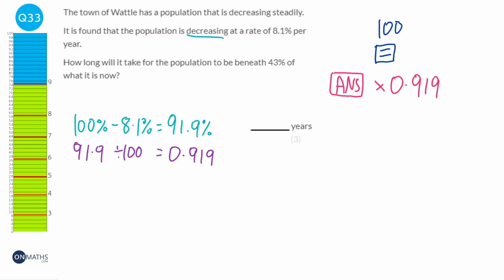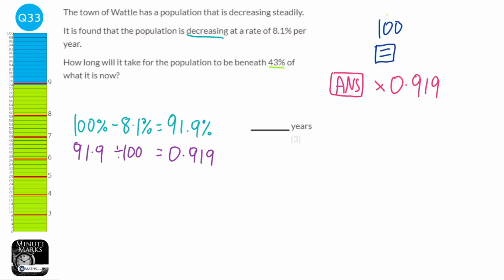And so every time we press the equals button, it's just going to keep decreasing it by 8.1%. And we're going to count the amount of times we've got to press the equals button, because every time we press the equals button, it counts as a year. So when we first press it, it's going to be 91.9. Then press it again, it's going to be 84.4. So we're waiting for it to be beneath 43%.